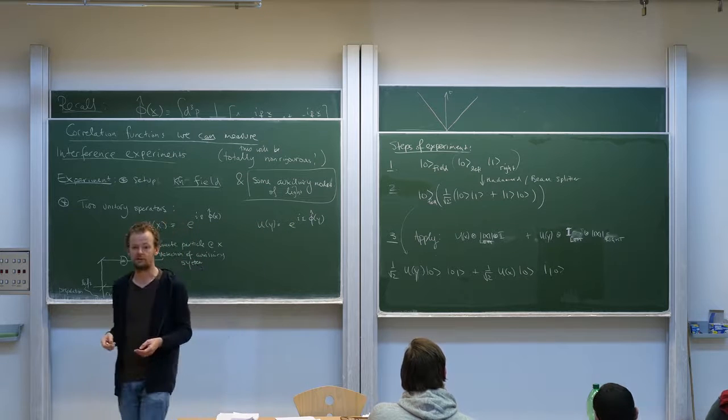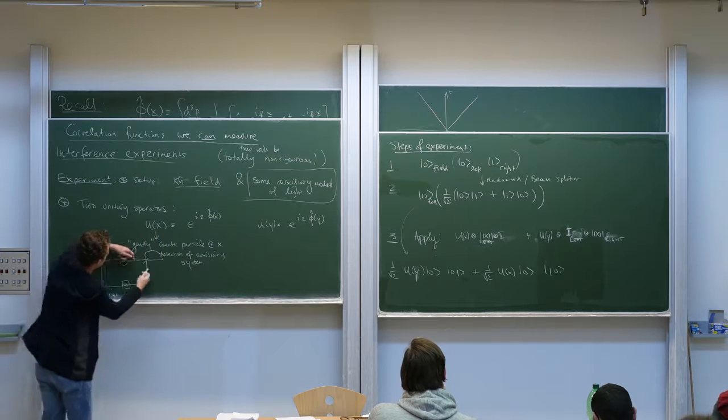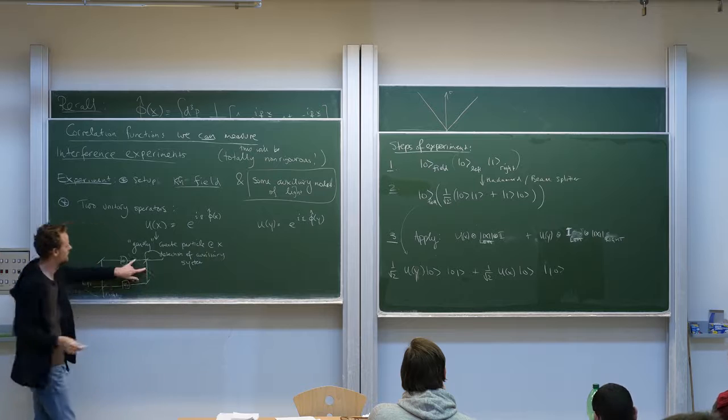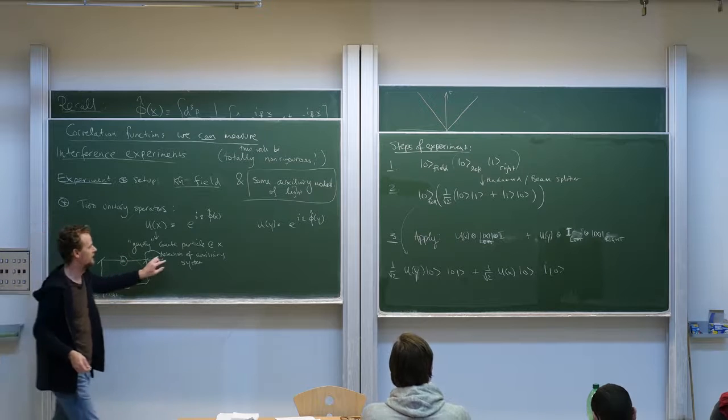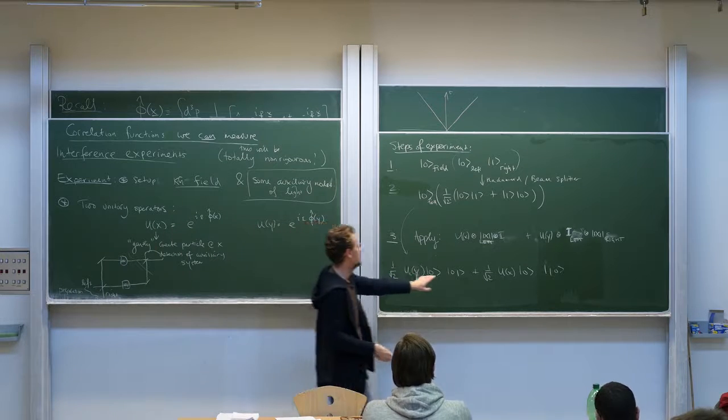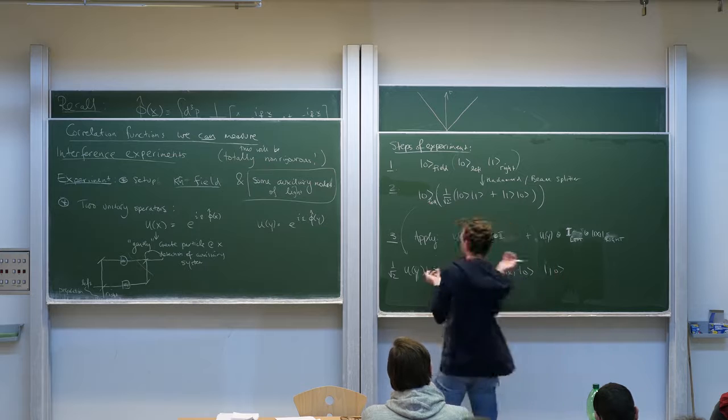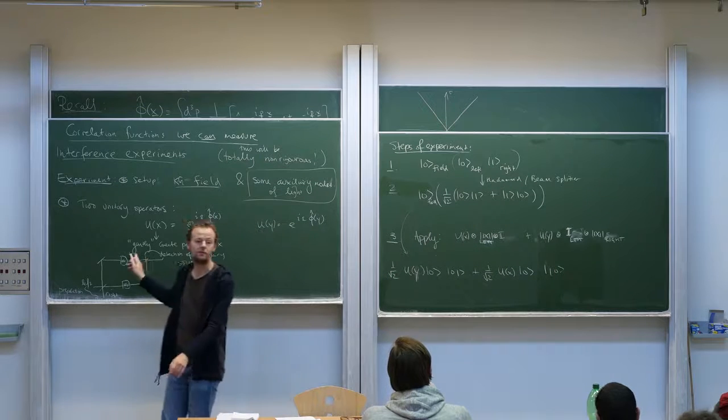So after the third step of the experiment, we're sort of here in the interferometer. We've conditionally applied ux depending on whether there was a photon there or not. And now in the last step, we undo this beam splitter here to look for interference.